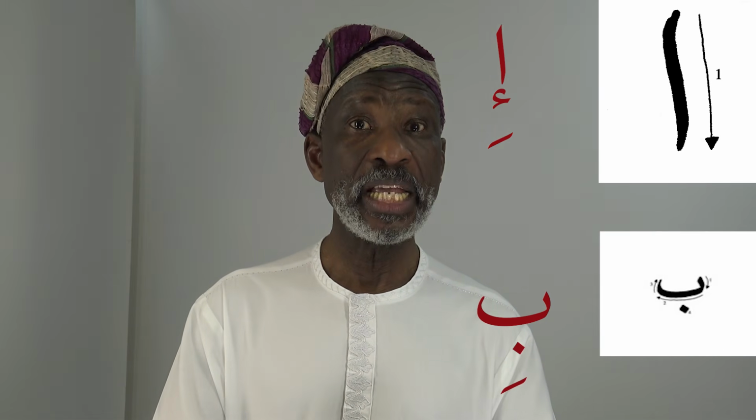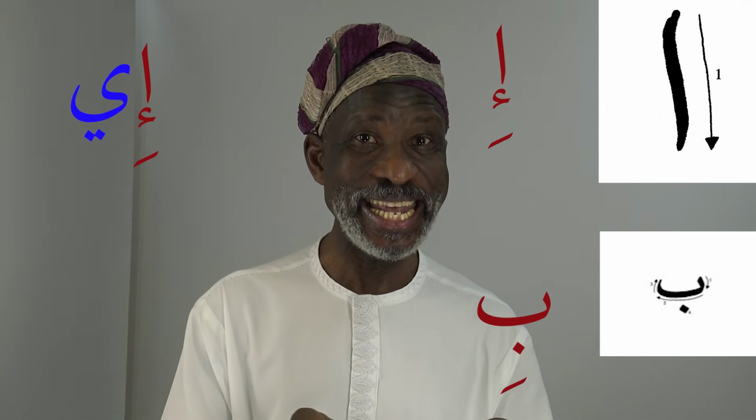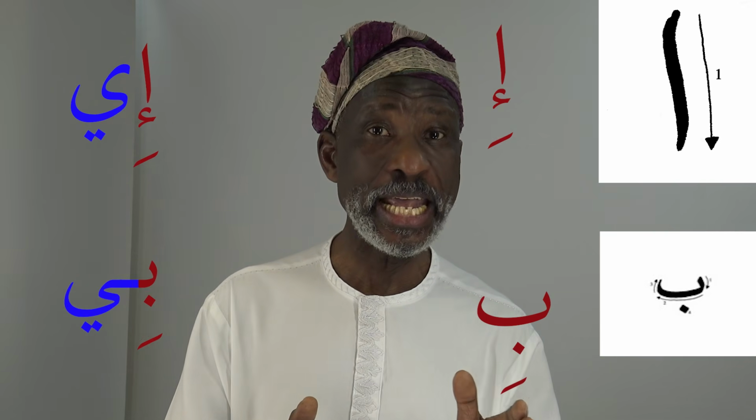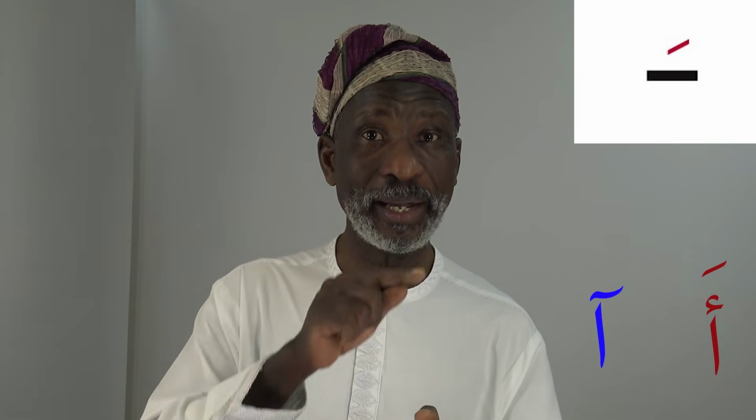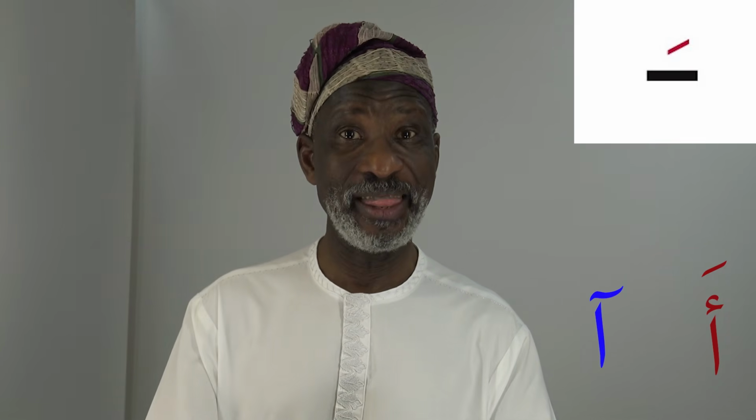Now let's practice those short vowels and the long vowels. Starting with the Alif, "i," and then the Ba, "bi." What about the lengthening? "ee," "bee." Good. Now we'll move to Fatha, which is short vowel A. So A with the Alif, and "aa." You can see the wiggly on top of it. That is lengthening.